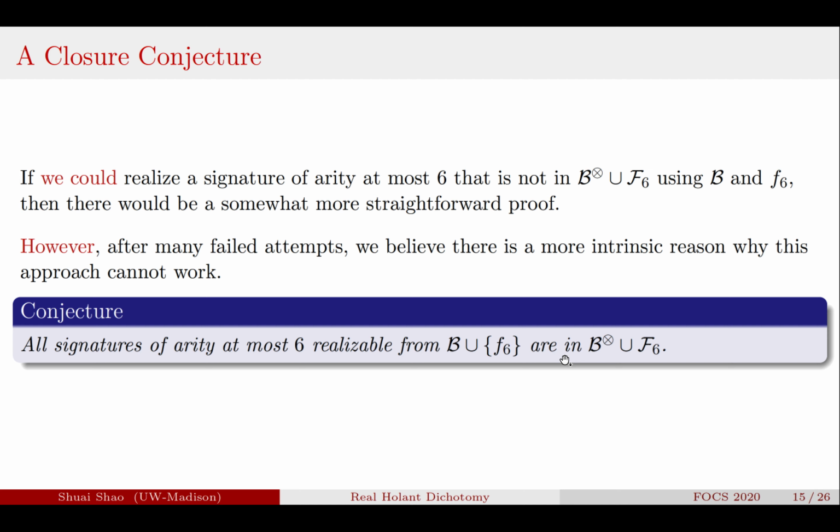However, we tried many complicated gadgets using biobinary signatures and this signature f sub 6. We believe that all signatures of arity at most 6 realizable from biobinary signatures and this special f sub 6 are signatures in the tensor product of biobinary signatures, or in this special family script F sub 6.